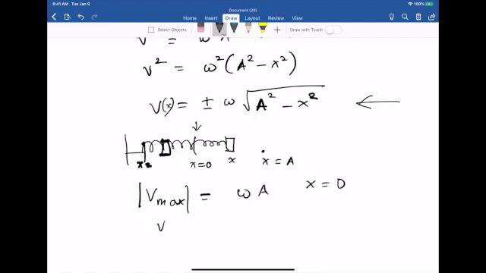Let's say x equals minus a is over here. So the velocity will be 0 at the two turning points, right? And you can also see that from our expression for velocity. If you plug in x equals plus a or minus a, you get v equals 0. So v is equal to 0 at the turning points x equals plus a or x equals minus a.